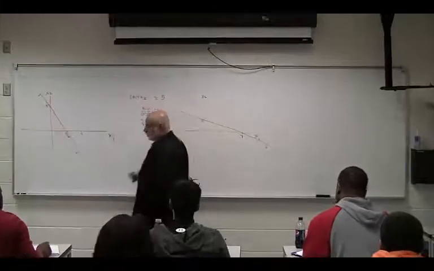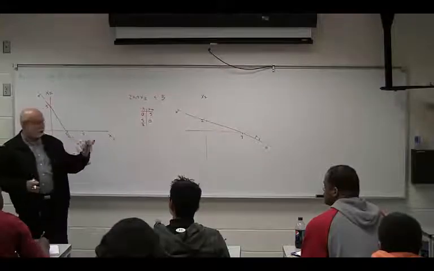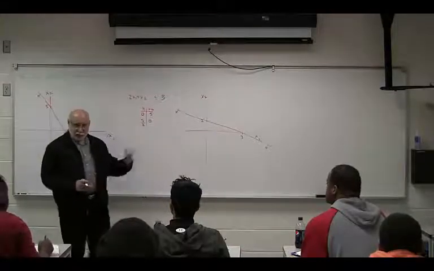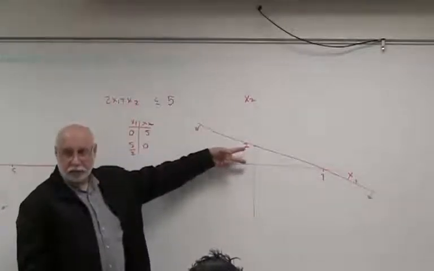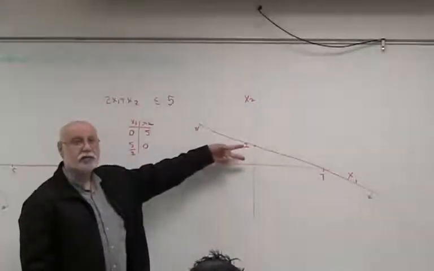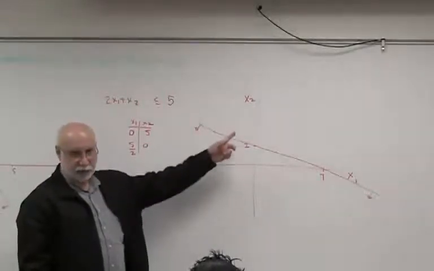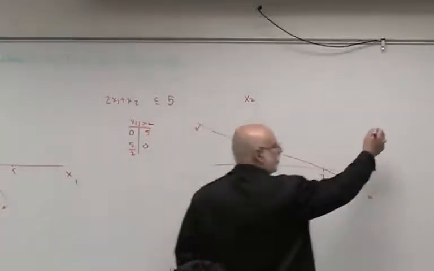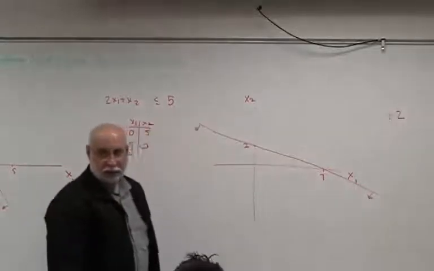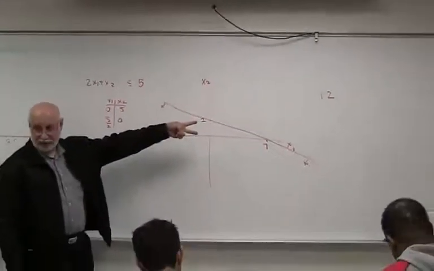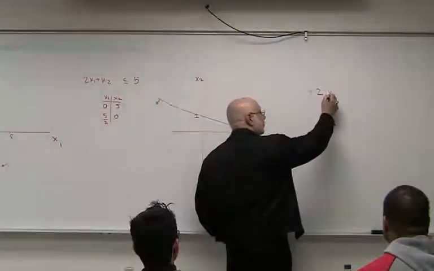The way that I do it is exactly what the formula does, but in a simpler way. I count how much I have on the x2 value, and this is plus 2. That's how much I have on x2. I will multiply that number by x1.